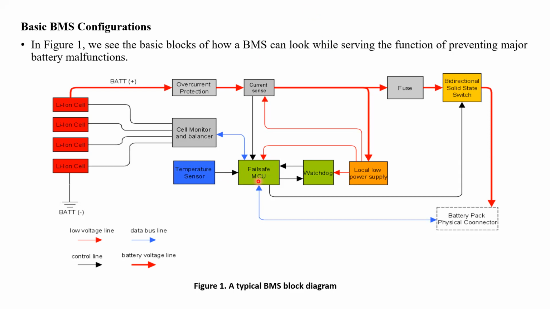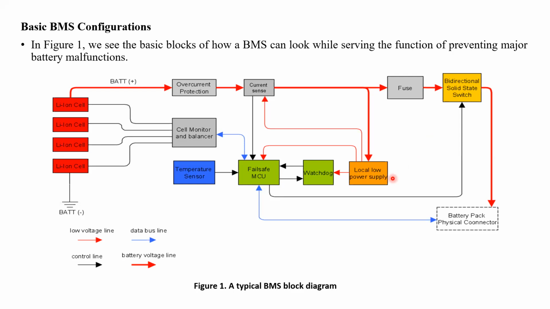if any high temperature occurs, then immediately the circuit should be opened. How is the circuit opened? Based on the signal coming from the main control unit. Clear? So in this way, we use a bidirectional solid state switch here.